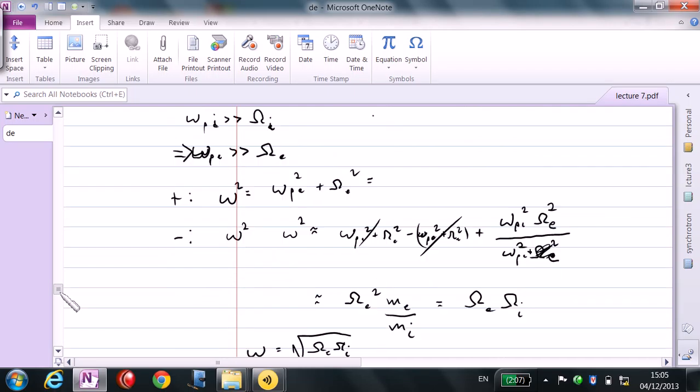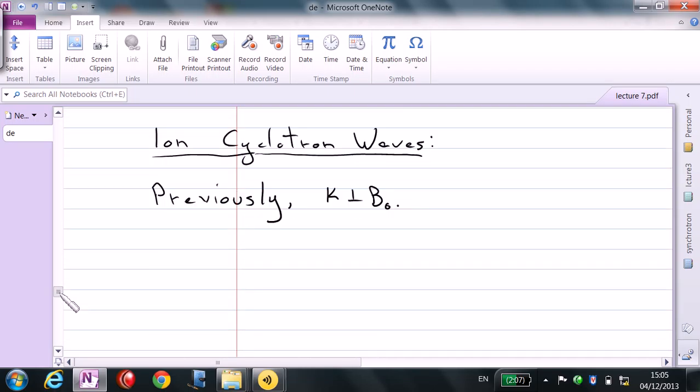But if you're not going exactly perpendicular to the field, then you tell me, then what? Then electrons generally will be accelerated faster than ions. Let's take the unit vectors of k and b.